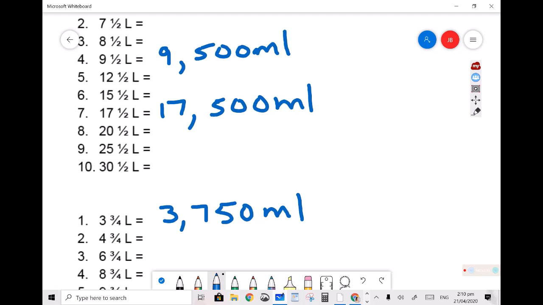6 3/4 will be 6,750 milliliters. So it follows the same pattern as the measurement of weights and distance, which is meters to kilometers or kilometers to meters, and also kilograms to grams and grams to kilograms.